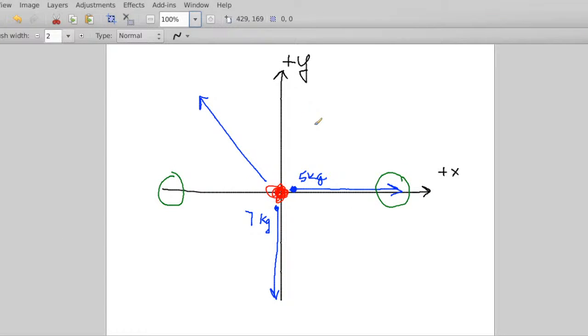This 5 kilogram is moving purely along the positive x direction. It has no up or down motion at all, and so it doesn't contribute to the y component. This one, however, does. We're going to look at that one next, but it's not traveling in the positive y. Instead, it's traveling in the negative y direction. So we've got to be careful with the sign there.